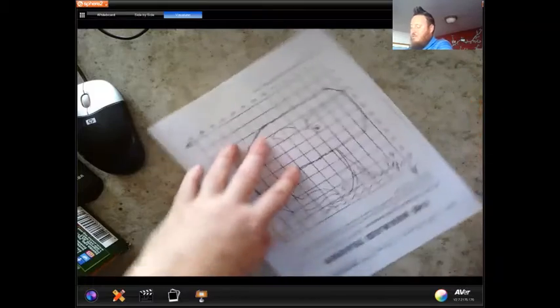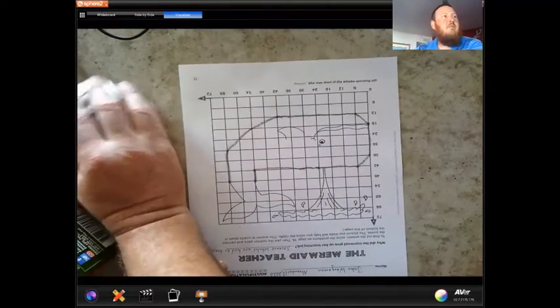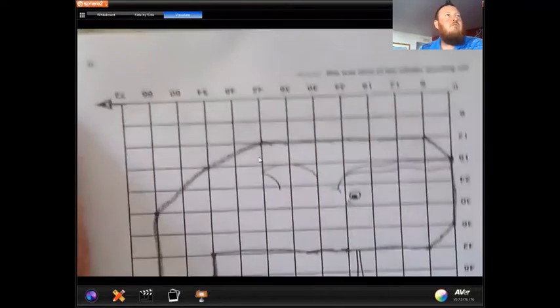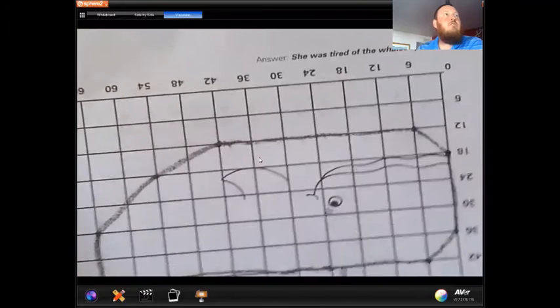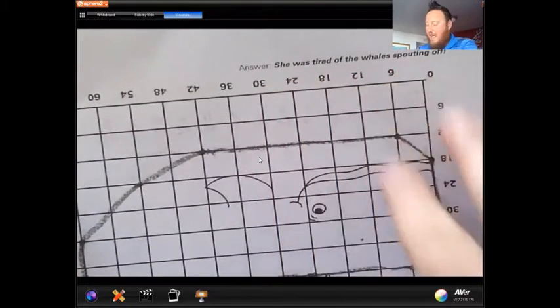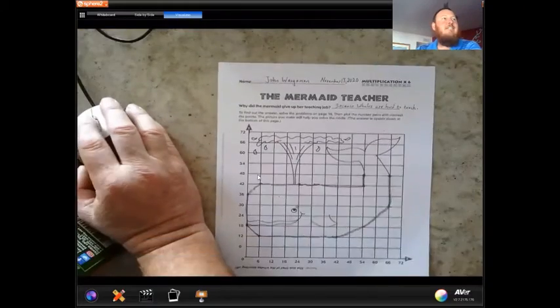I'm going to flip it over. Why did the mermaid give up her teaching job? Zoom in. Because she was tired of the whales spouting off. And that's why the whale's spouting right there.